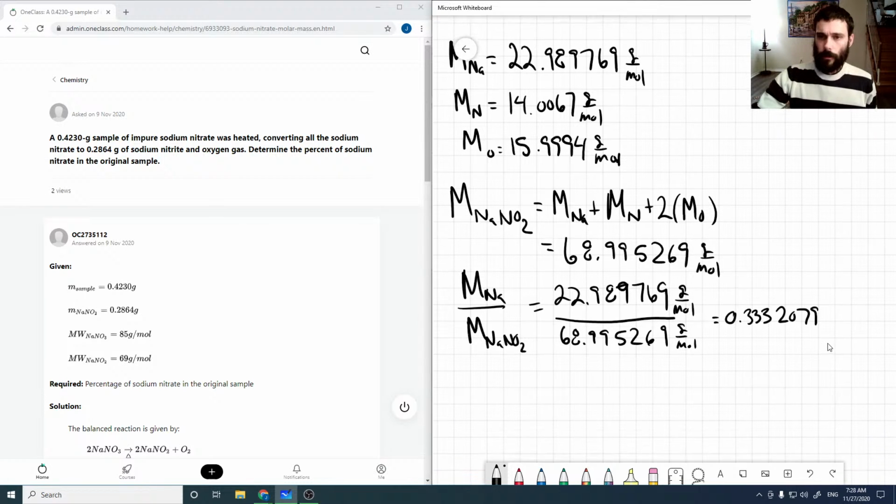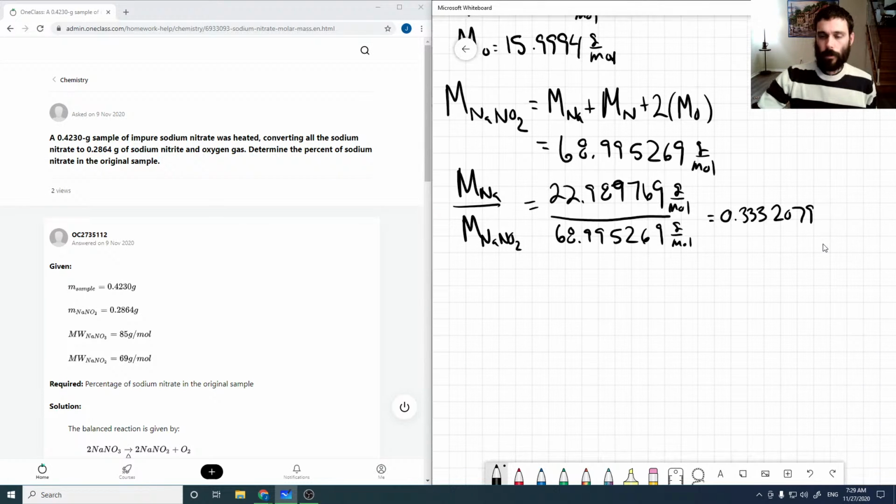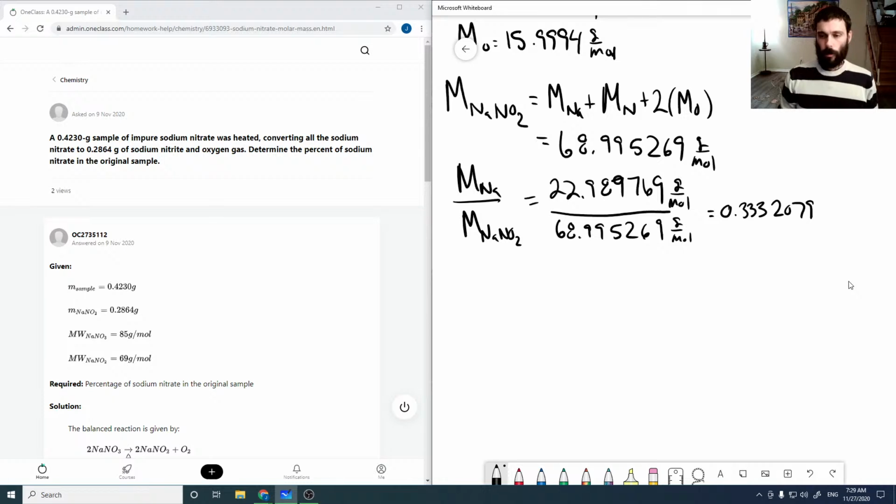Okay, so that means that fraction of our sodium nitrite mass is sodium. So our mass of sodium is this fraction multiplied by our total, which is 0.2864 grams.